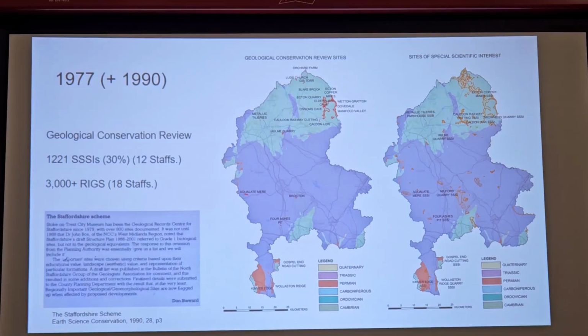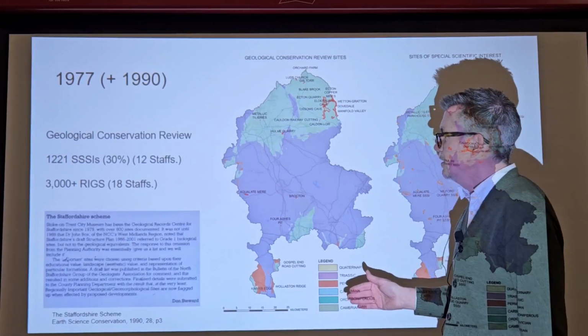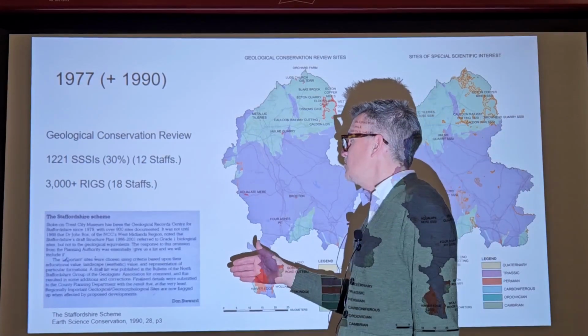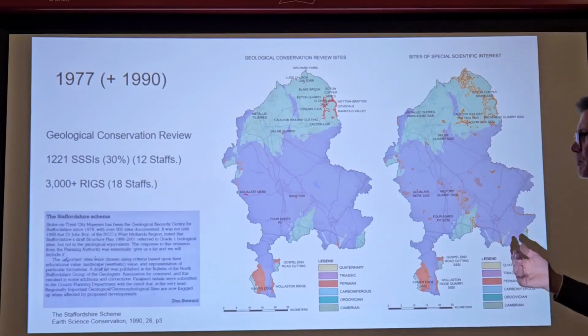And that was the forerunner of what then became known as the RIG system, the Regionally Important Geological Site System. And here we have in Staffordshire, early on, Staffordshire establishing a geological record centre.